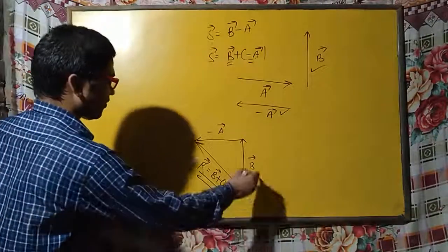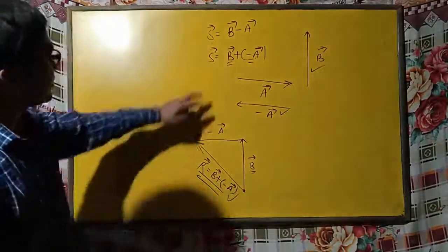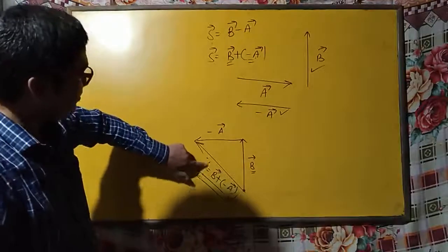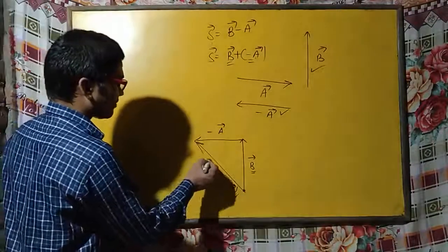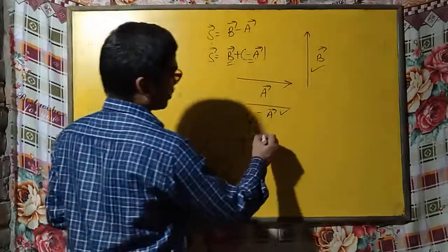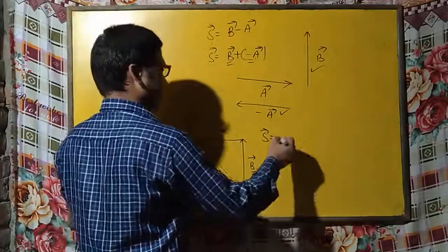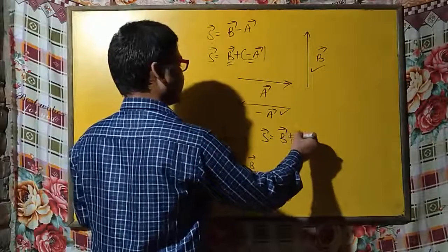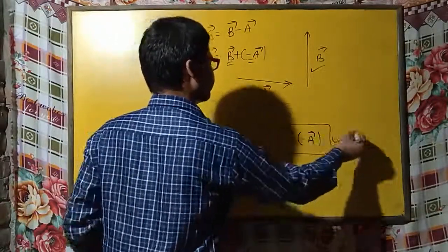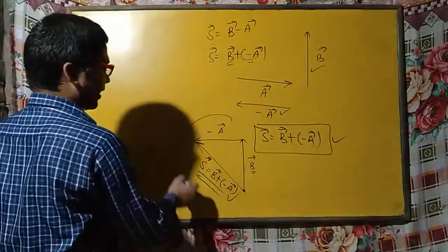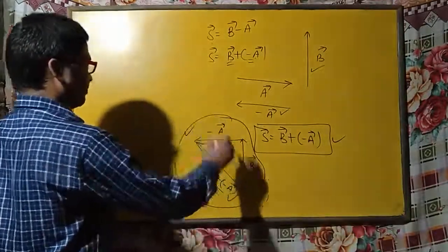This is the vector that we need. Sorry, this one is s, because we are denoting this vector by s. So you can write s is equal to b plus minus a. This is the answer, and this is the triangle law, right?